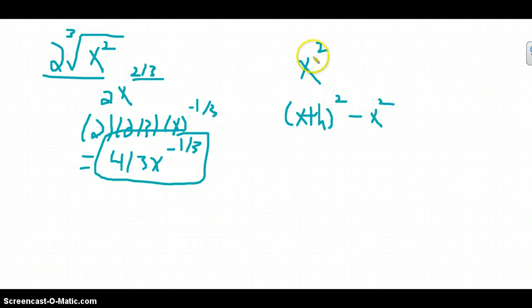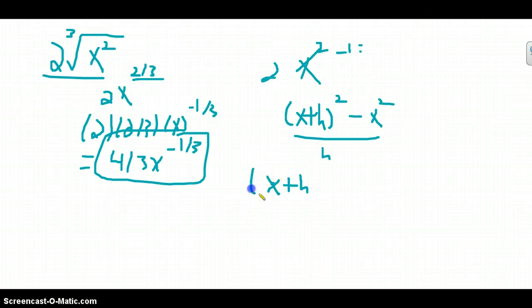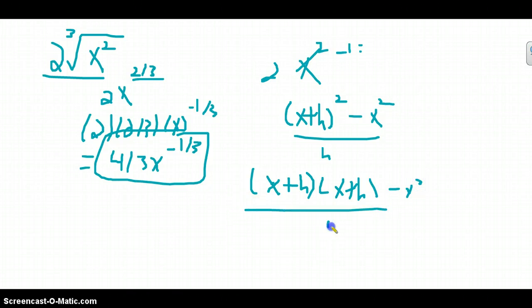Now, we already know that the derivative of this is going to be 2x, right? Because I dragged in the 2, and then 2 minus 1 is equal to 1, so 2x, right? But if I had to do this by definition, I would have to FOIL everything out like this: x squared plus 2xh plus h squared minus x squared all over h.